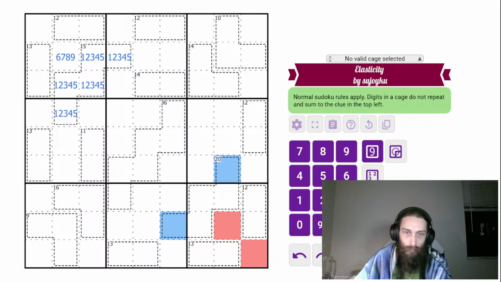Well, and blue has to be in the 12 and 13, because since they sum to the same thing and neither of them can be the center digit. Yeah.